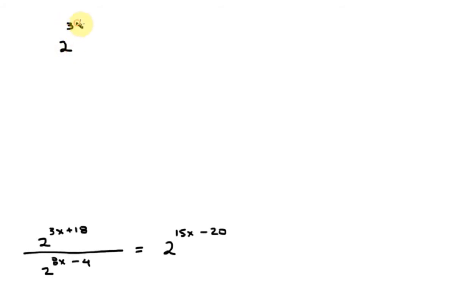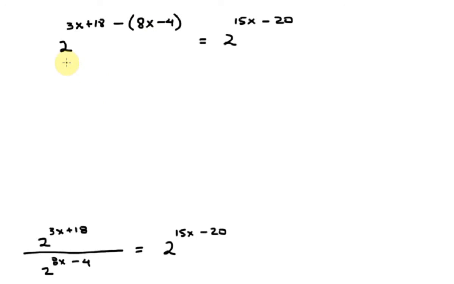So I'm going to have 3x plus 18, and then I'm going to go minus the exponent on the bottom, which is the 8x minus 4. Okay, and now I can say that still does equal 2 to the 15x minus 20. So again, I've got this power divided by this power, so I'm just subtracting my two exponents. So that's where this mess comes from here.